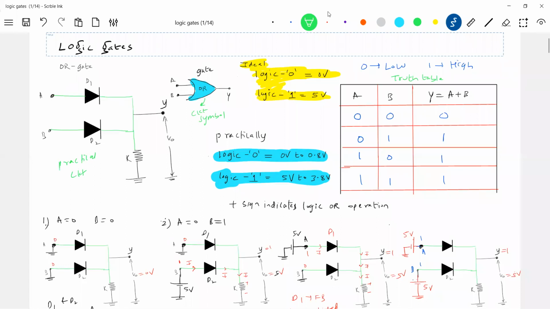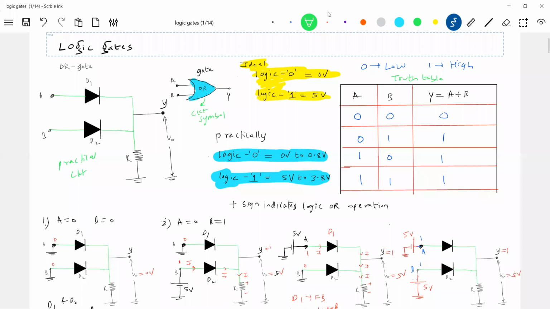As far as our engineering is concerned, whatever you call it. How the input and output are related, we have a table that in maths we call a truth table. In books they call it a truth table, so let me call it that. There's a practical circuit, logic OR operation using diodes we implement, the circuit symbol, and how input outputs are related is called the truth table.